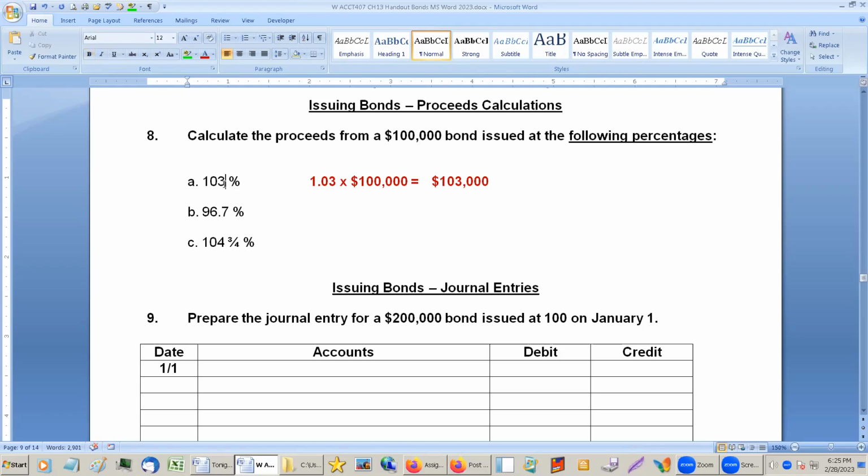These ones selling at 103, would these be at a premium or a discount? A premium. Good. If it's more than 100%, it'll be a premium. So that's what this is.